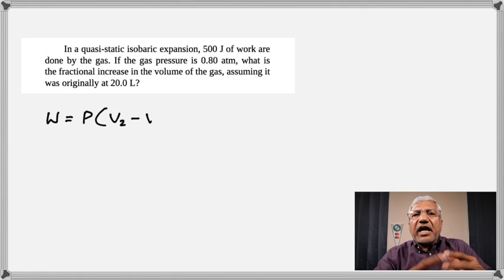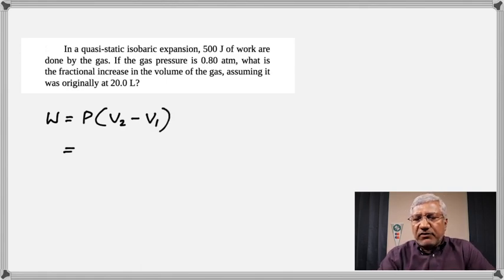So here, because it's an isobaric process, the formula for work is pressure times change in volume. Where did I get that from? Because work is generally P dV. And what is dV? Change in volume. Now, this can only be done because the question says it's an isobaric process.